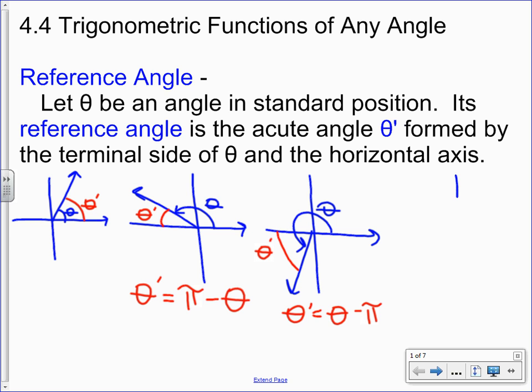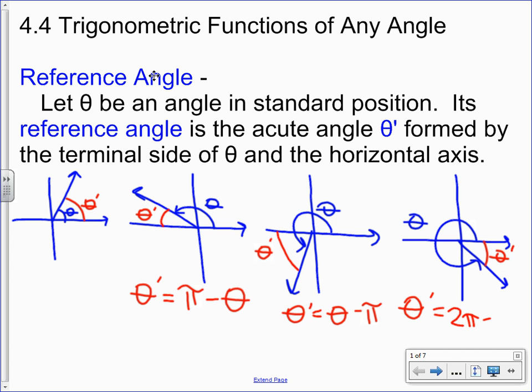And then in the fourth quadrant, if this is your angle, here's our reference angle. How are we going to find that? 2 pi minus your angle. And of course, if you have a degree measurement, you can adjust those accordingly.